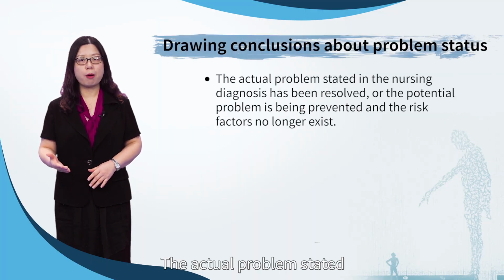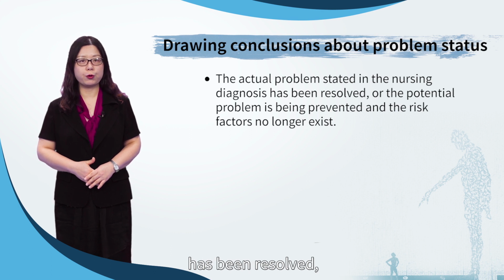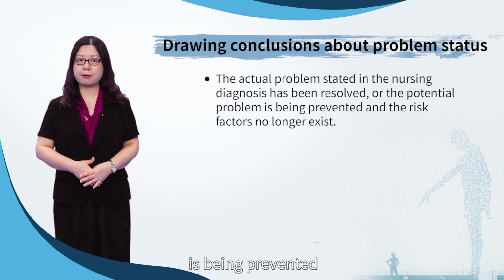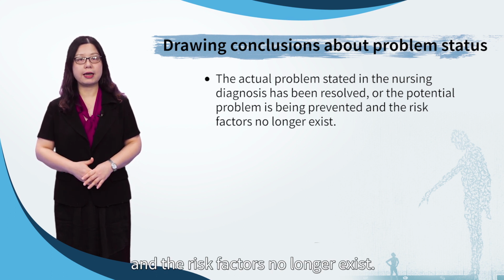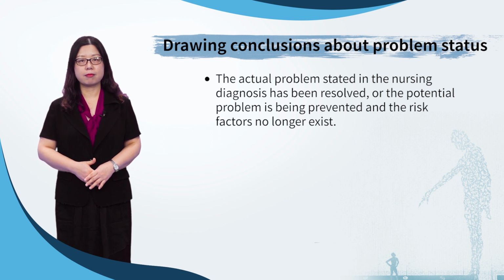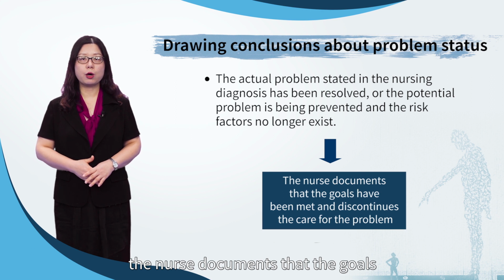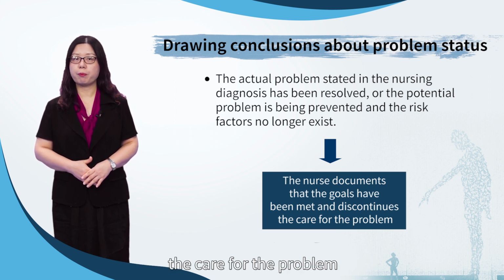The actual problem stated in the nursing diagnosis has been resolved, or the potential problem is being prevented and the risk factors no longer exist. In these instances, the nurse documents that the goals have been met and discontinues the care for the problem.